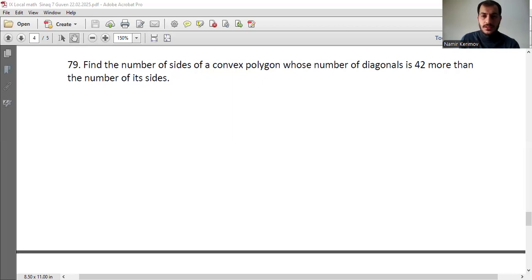So n minus 12 and n plus 7. These are the factors. So n equals to 12, n equals to negative 7. So the number of sides cannot be negative 7. So answer is 12. The number of sides is 12.